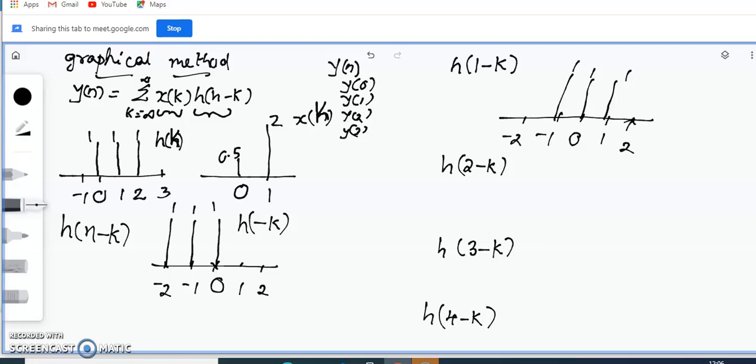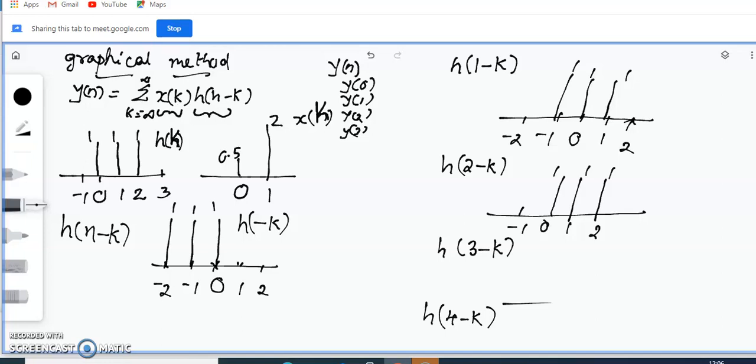Now h of 2 minus k: h of minus k advances by 2 points. So it does not start at 1, instead it starts at 2. So it has a value 1 at 2, 1 and 0, and at every other point its value is 0. Isn't it?